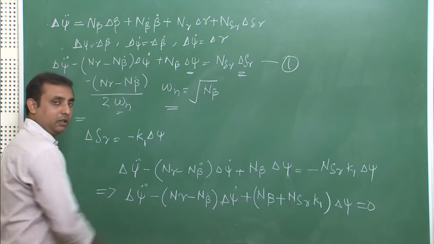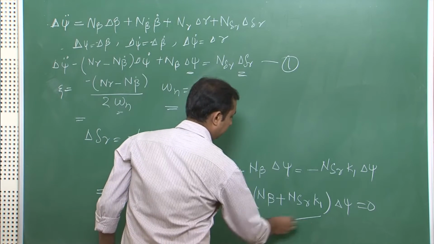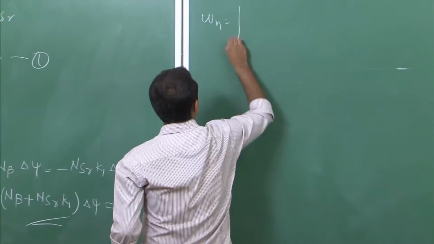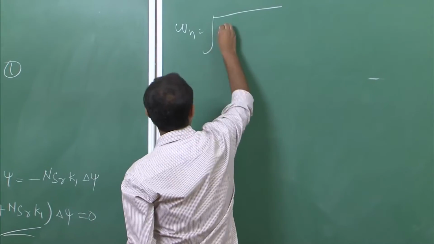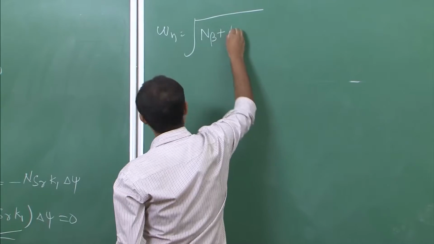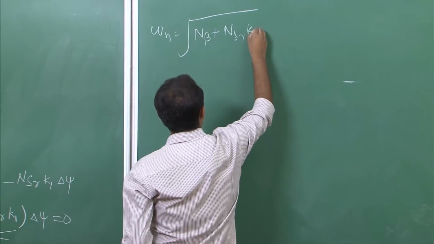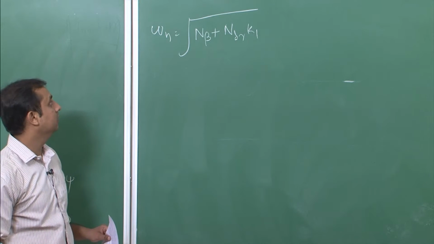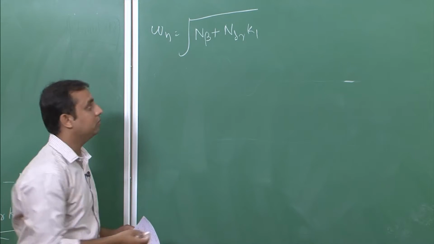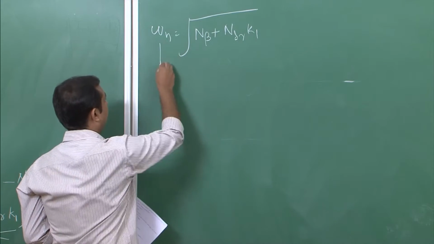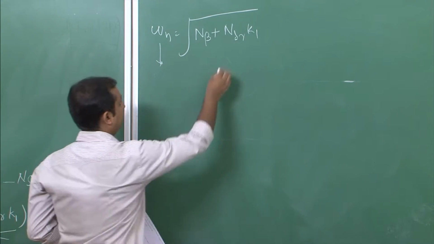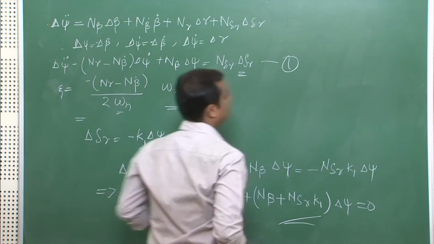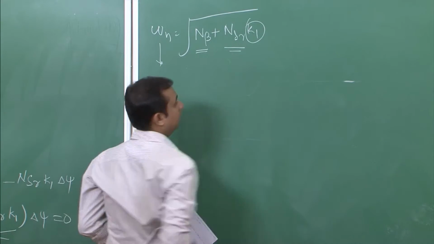Now from this differential equation you can see the value of omega n is root over n beta plus n delta r into k1. Using the required value of natural frequency, you can substitute the required value of omega n here, and as you know these are already given for the original equations, so you can determine the value of k1.